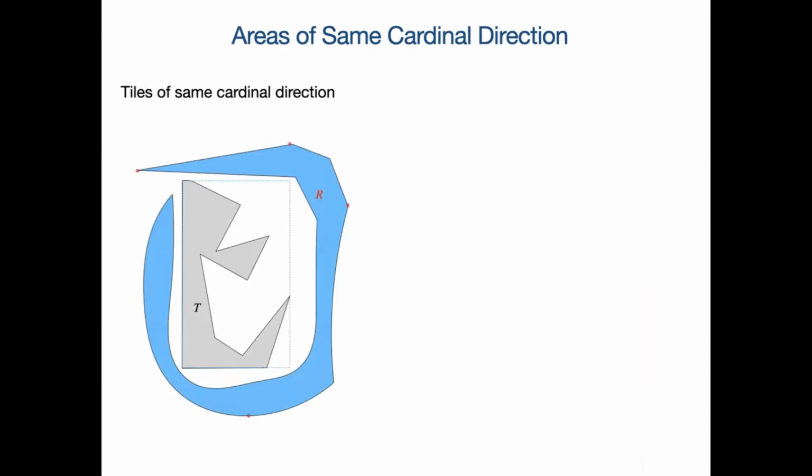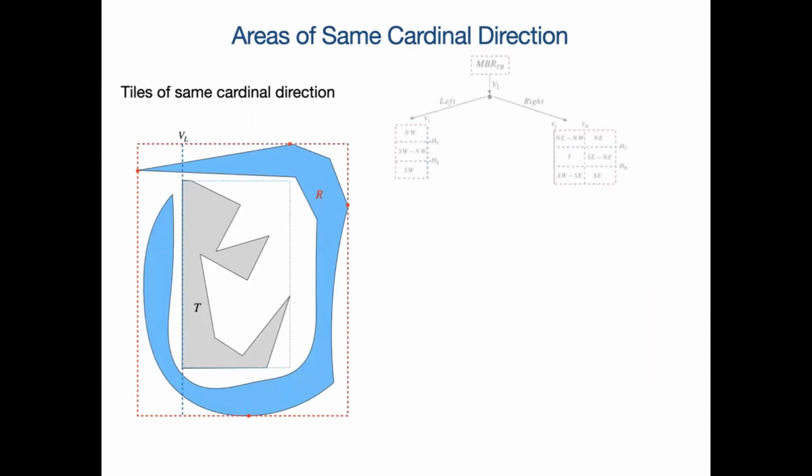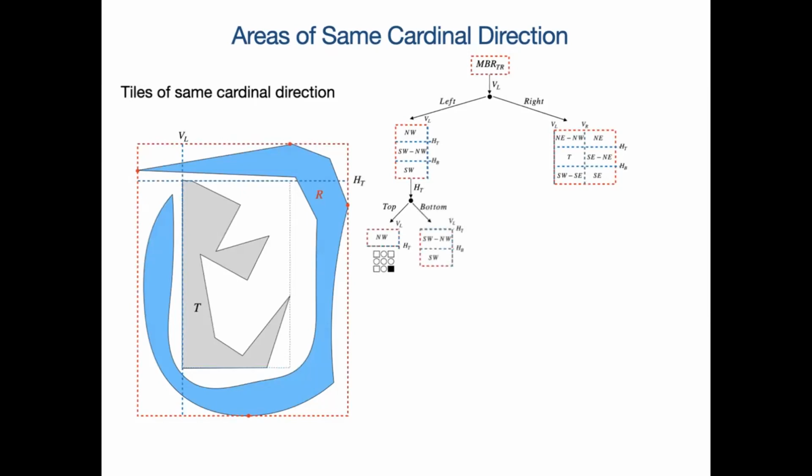First, we are defining the extrema points. Through the extrema points, we construct the bounding box for both reference and target objects. Using these bounding boxes, we define the vertical split line, and the vertical split line, while passing through the target extrema points, defines the left and right tiles. Through the left and right tiles, once the horizontal split line passes through the northern extreme point, it again splits the top and bottom partitions.